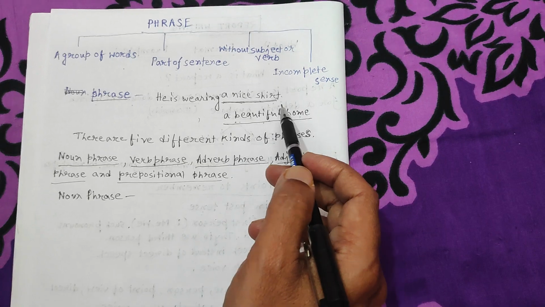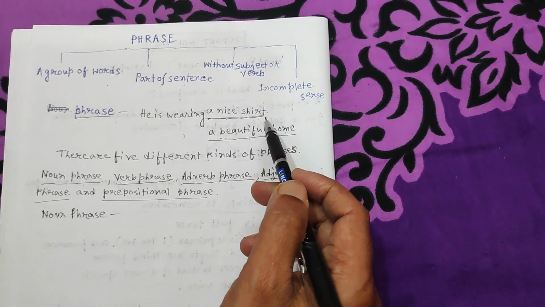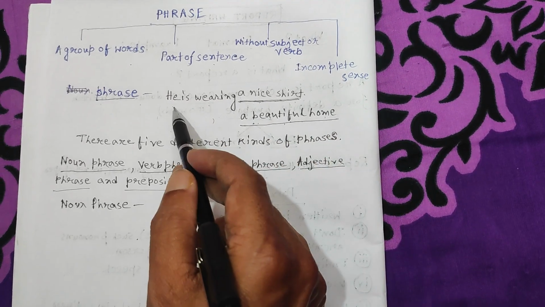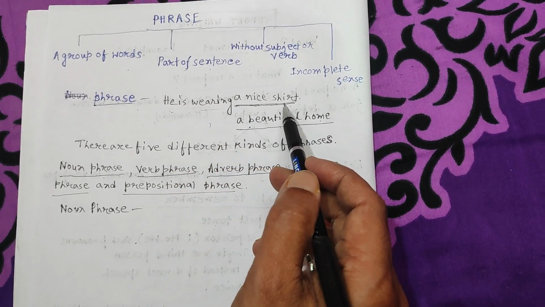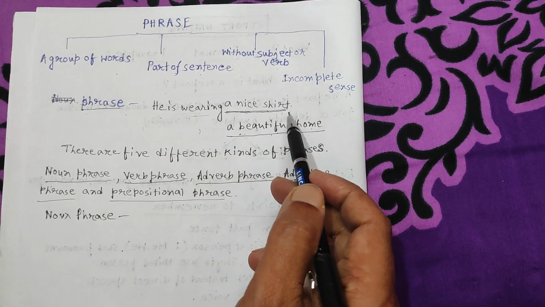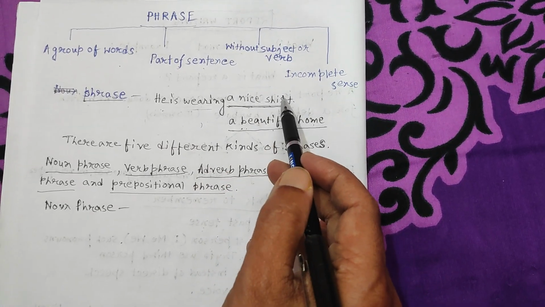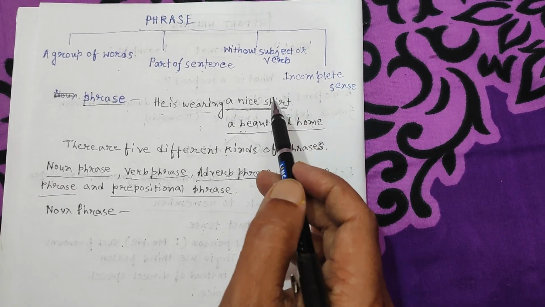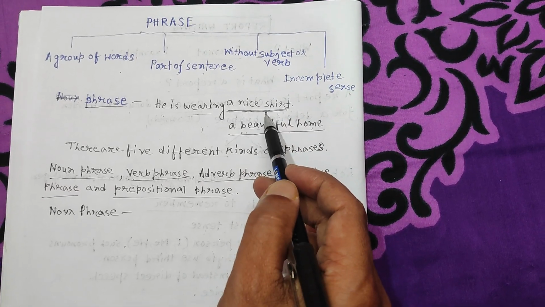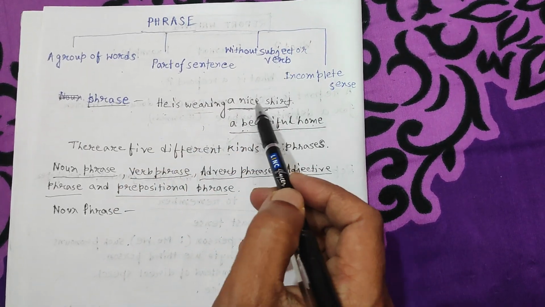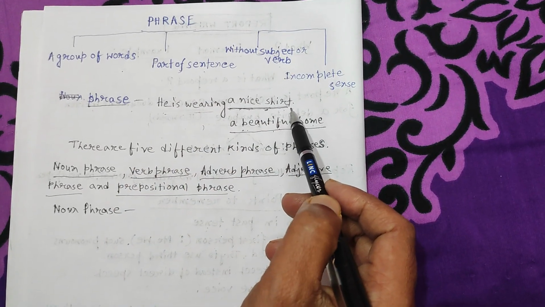He is wearing a nice shirt. Now, is this group of words conveying any meaning? Yes, it is conveying a meaning and it is a complete sense. So, a nice shirt satisfies all four conditions and it is a phrase.